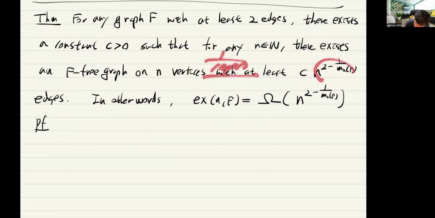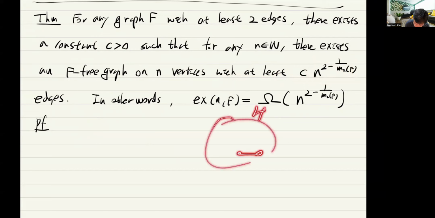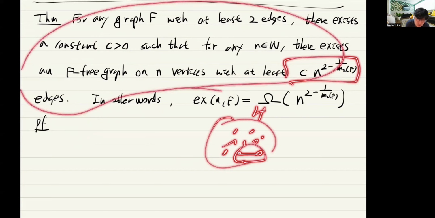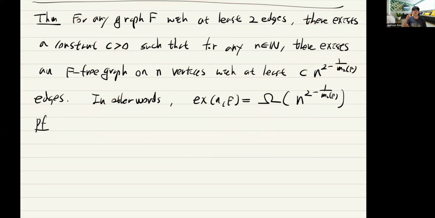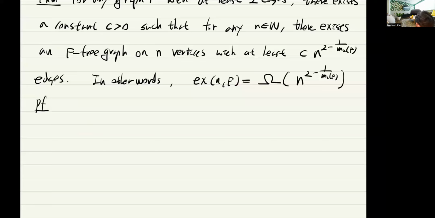If n is at most 10,000, then this number is smaller than 1. So if you just take your graph with a bunch of isolated vertices, it satisfies this statement. So by taking C small, you automatically assume that n is as large as you want.